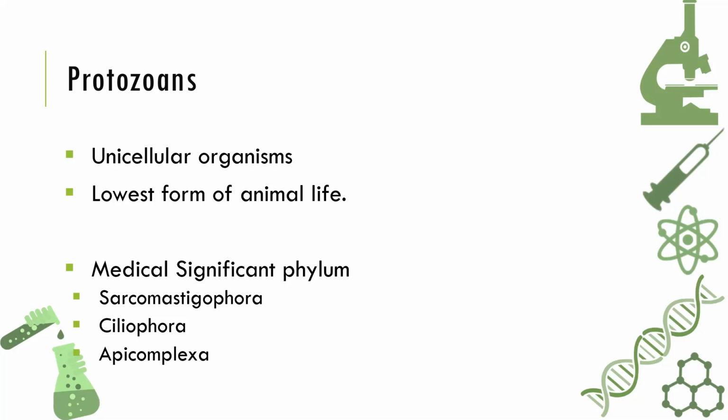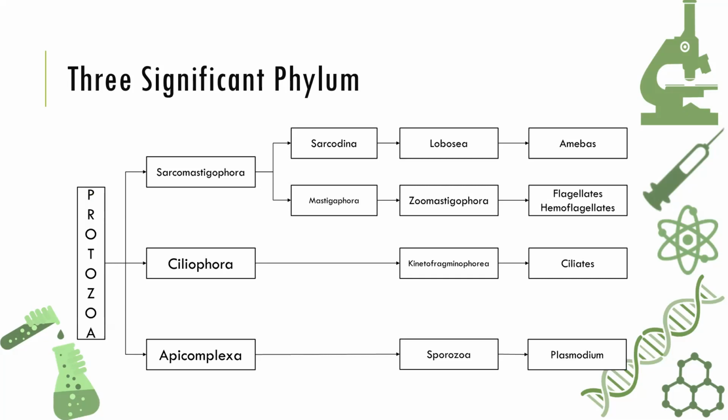So we have the Sarcomastigophora, the Ciliophora, and the Apicomplexa. When we said Sarcomastigophora, if you still remember our first discussion, it is divided into two: the Sarcodina and the Mastigophora. Under Sarcodina, we have your amoebas.